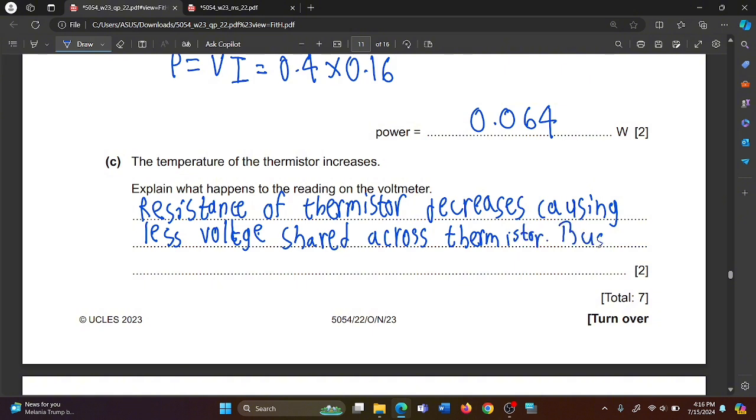Thus, more voltage shared across R, causing voltmeter reading to increase, causing increase in voltage.